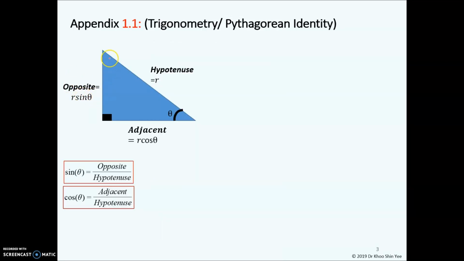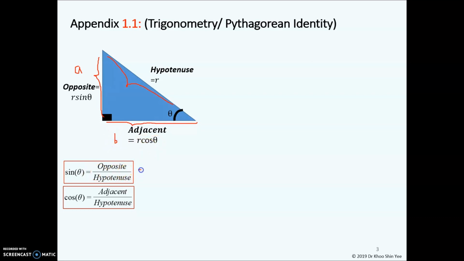So let's say you have a distance r here with an angle. If you want to find the a distance here, your a should be equal to r sine angle. And if you want to find the b distance here, your b should be equal to r cos angle.